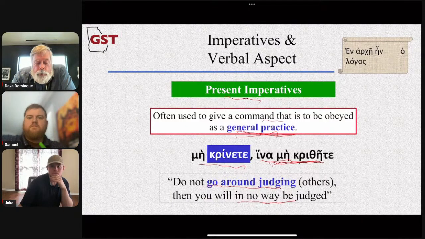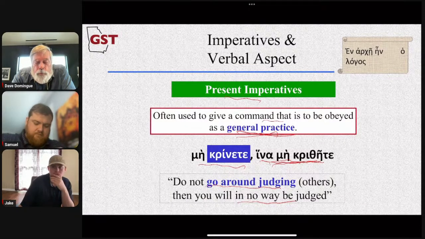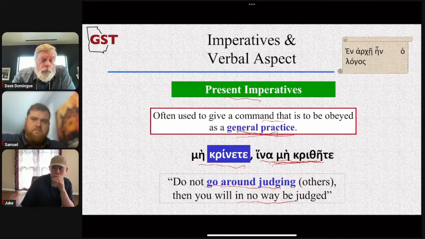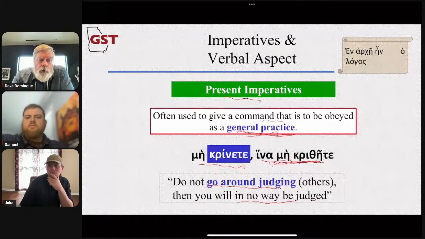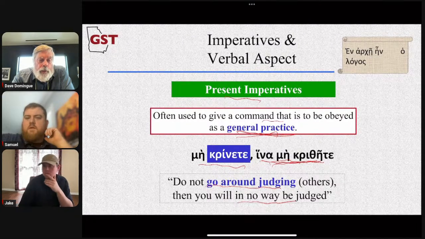I mean, that's exactly right. And so the point being is there are multiple ways to do a prohibition, multiple ways to say no, and some of these have nuances that are more emphatic than others. They're all no, but some of them are very, very strong no, such as the ou mē with this aorist subjunctive.